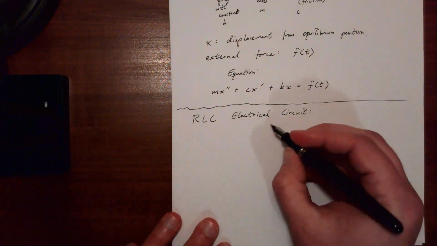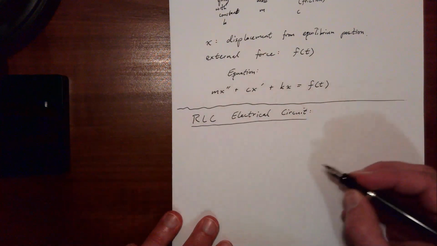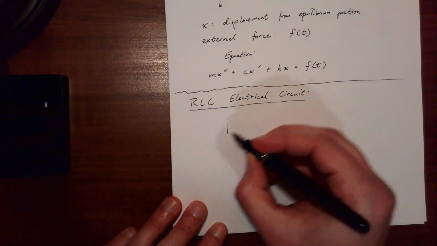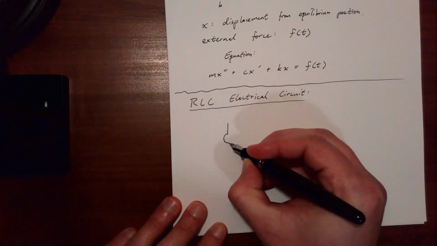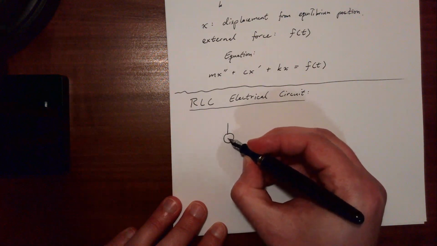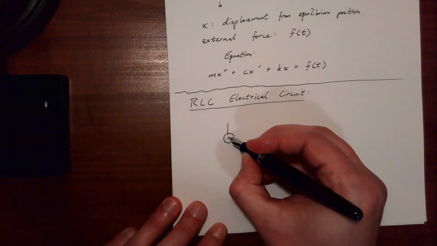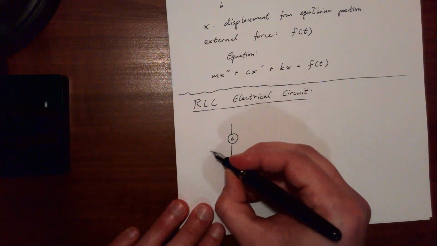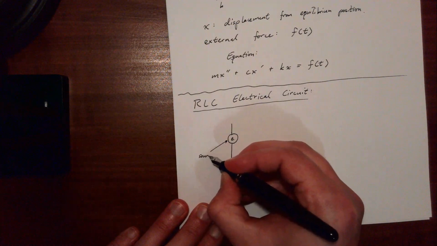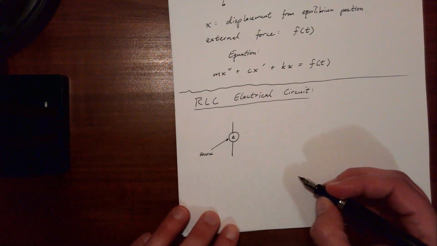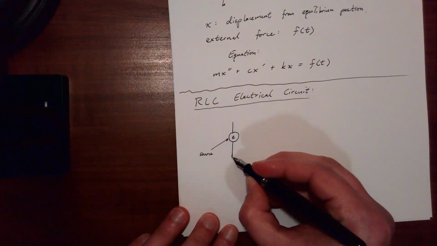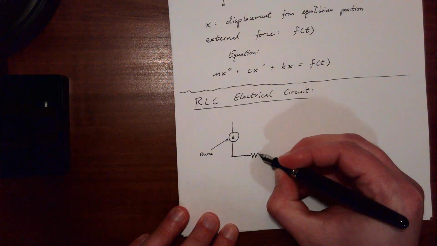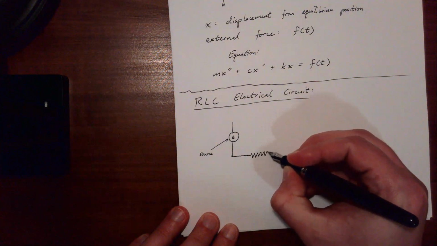All right, so here's the setup for this. Let's say what we've got right over here, we'll call this E. And this will be the source, so it's going to be a source of an electromotive force. And down here, we're going to have a resistor. Just write a little zigzag.